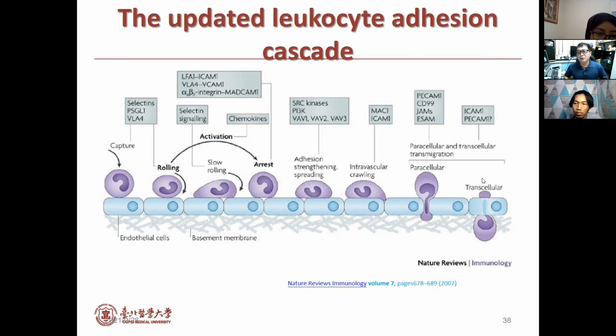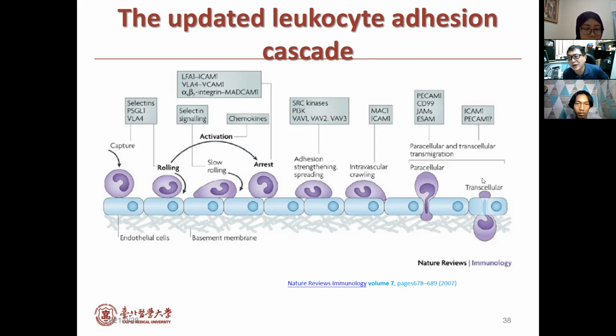You need a lot of neutrophils. How can you send a lot of army into the war zone? Very easy. When there is a cut, I told you, there is some kind of signal, mechanical signal, chemokine, which can attract the neutrophils and activate neutrophils.